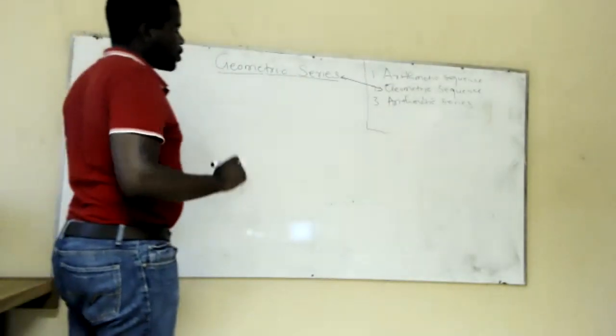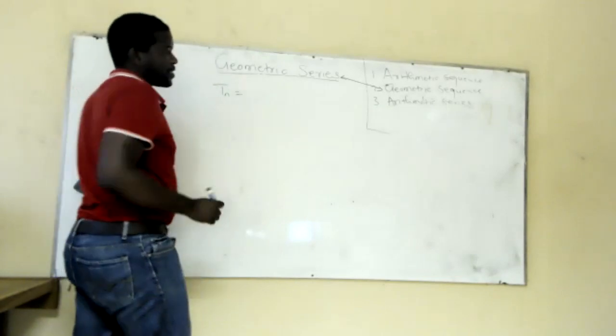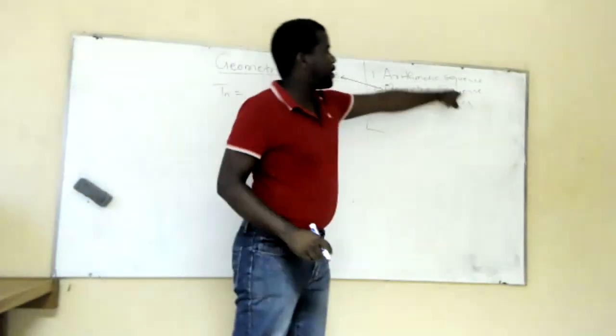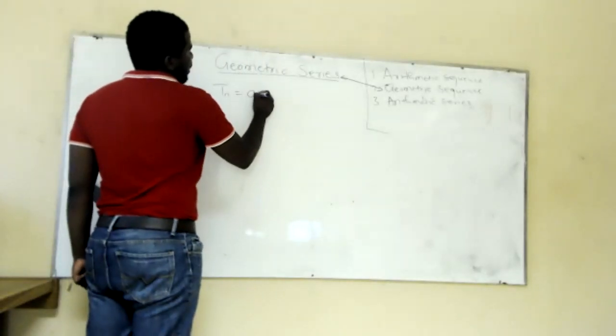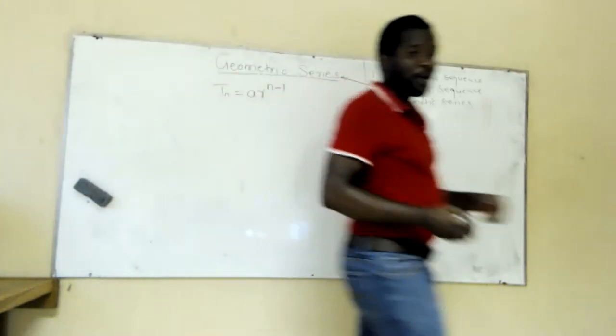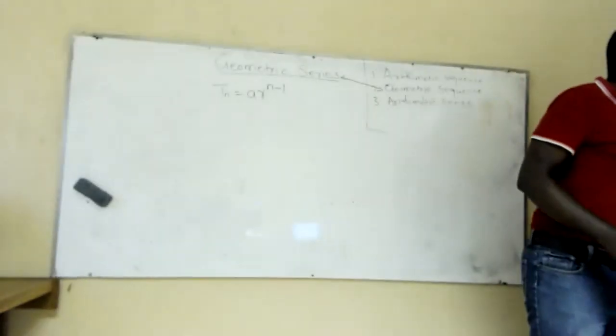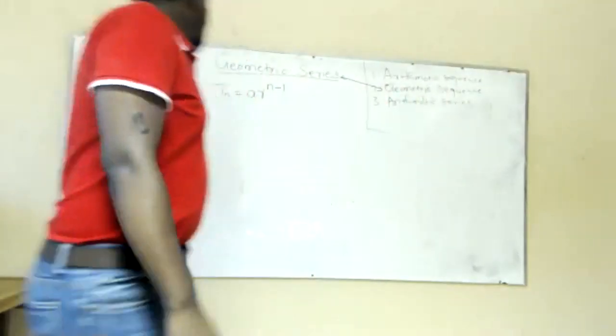So the very first thing which must come into your mind is the formula I showed you the last time for geometric sequence, which is given by T sub n equal to a r to the power of n minus 1. I believe you all remember that formula. So it's very critical for what we are going to do today.